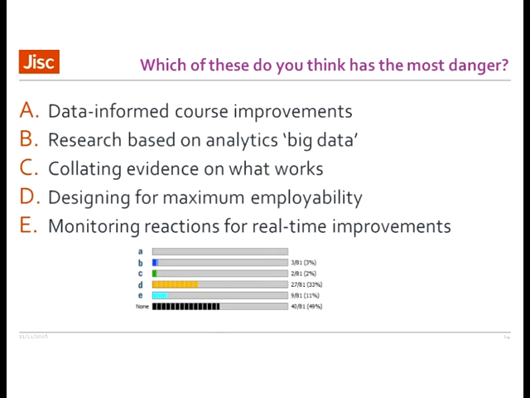And Marika's picked up that employability data has the most potential for manipulation and gaming, and indeed continually moving goalposts. So that's really interesting. I didn't necessarily expect that one to come back as the most dangerous. It's also, I think, one of the closer ones to being a reality right now as well, which is interesting.